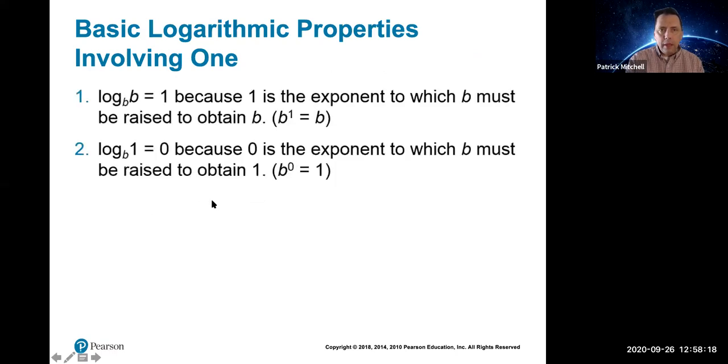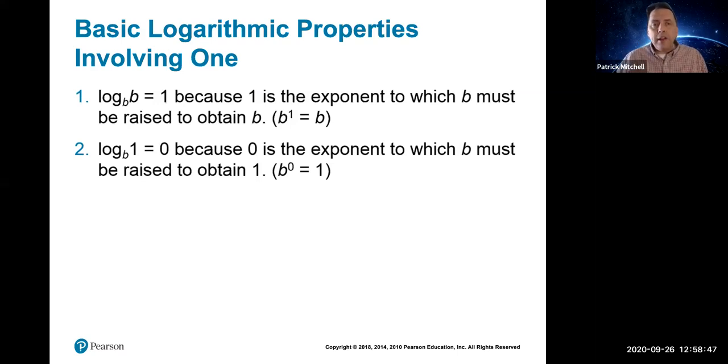Okay. So some basic properties of logarithms. First, log base b of b is always 1, because imagine I just handed you log base b of b. I'd be asking b to what power equals b? Well, first power, right? 1 is the exponent to which b must be raised to obtain b.